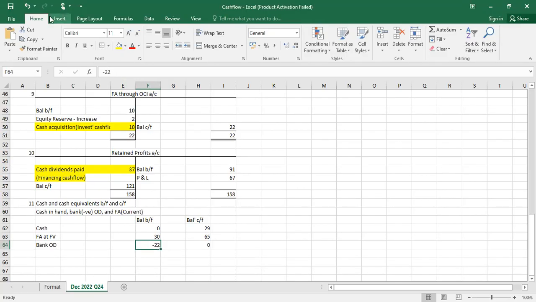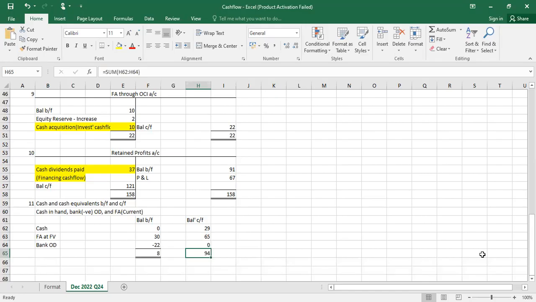If that is the case, then we can get the total for the brought forward cash and cash equivalents, and also get the total for the carried forward. The total for each will be +8, and then 94, which is a plus.